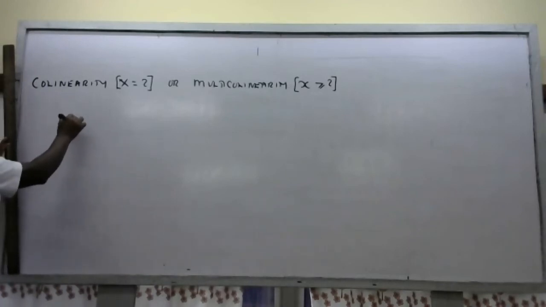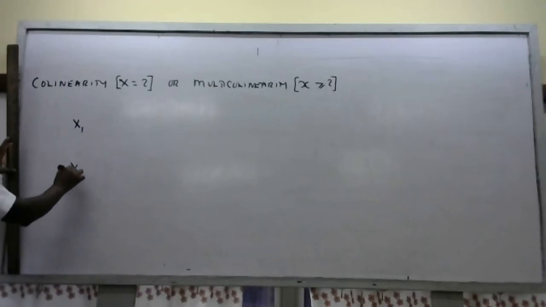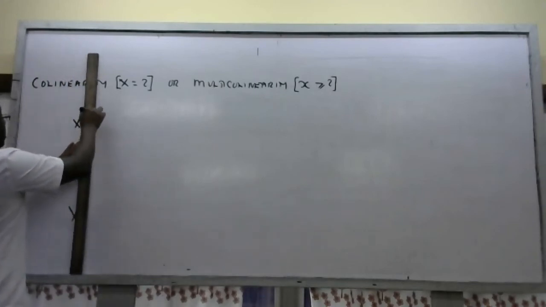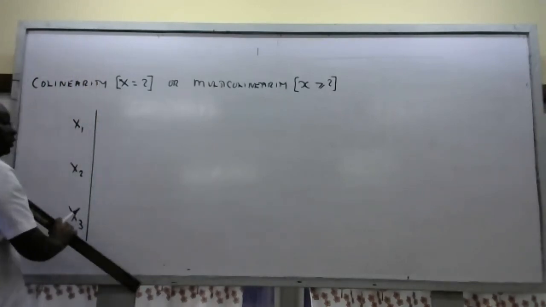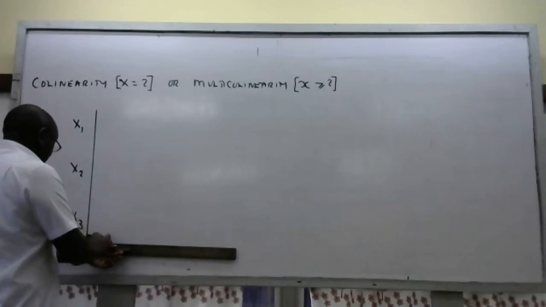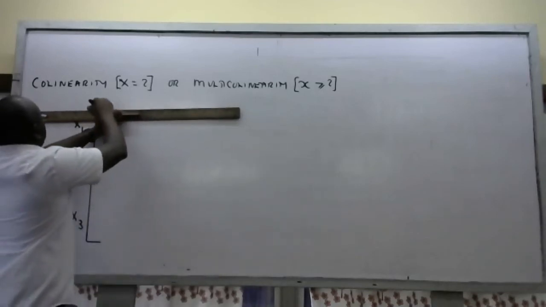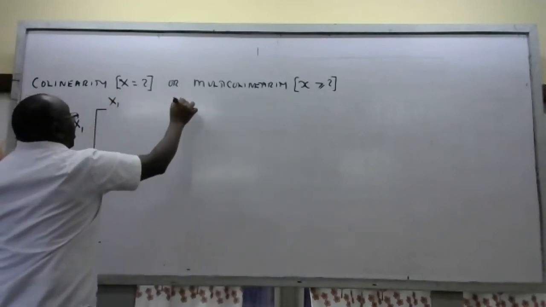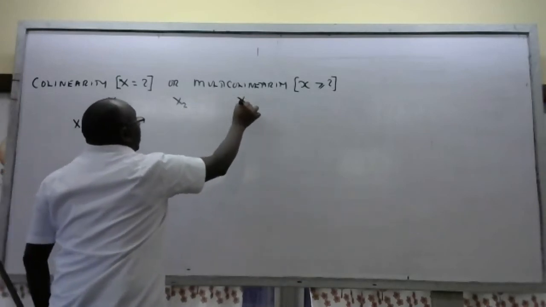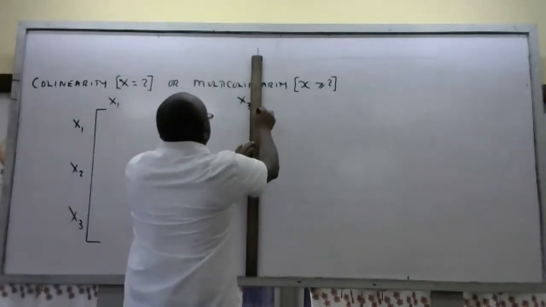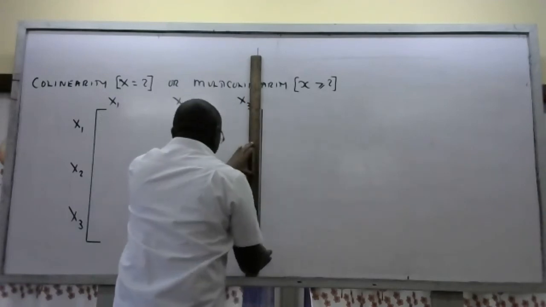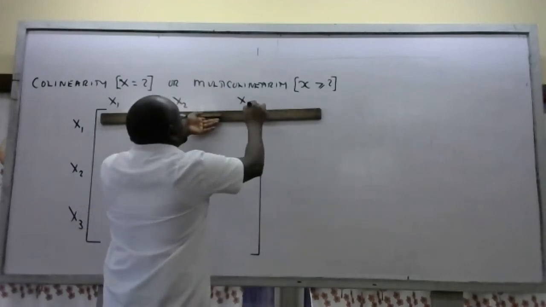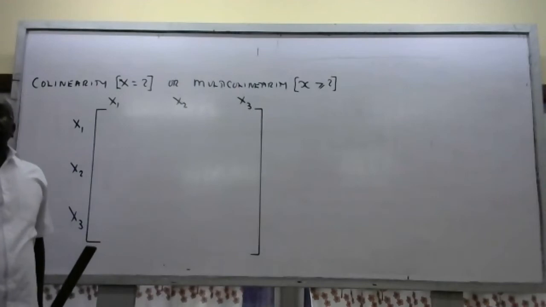So we have x1, x2, and x3. This is called a correlation coefficient matrix. So this is x1, then x2, and x3. Something like that.